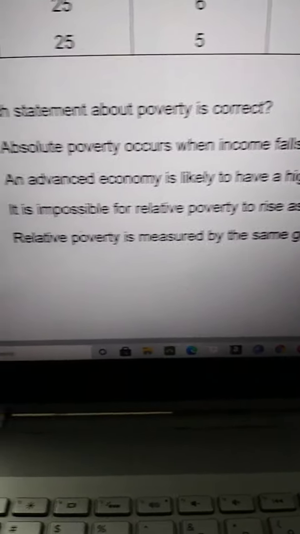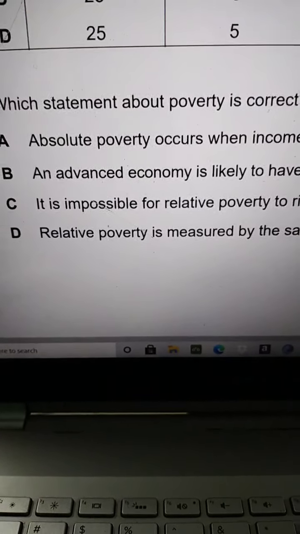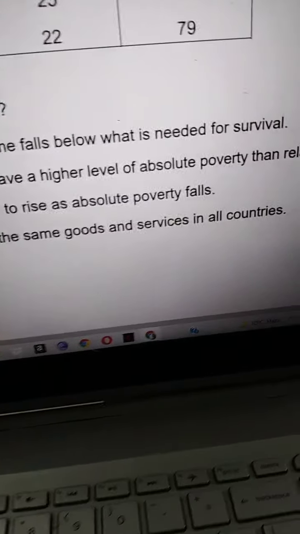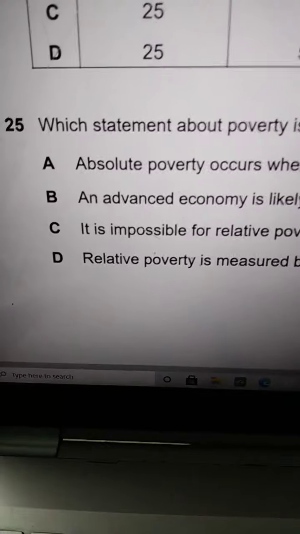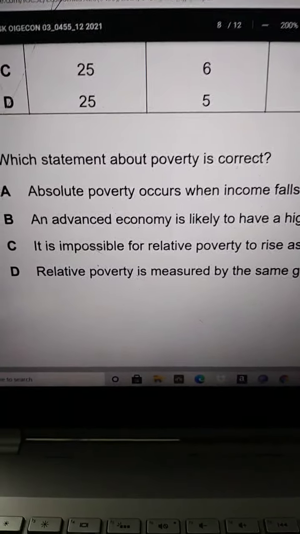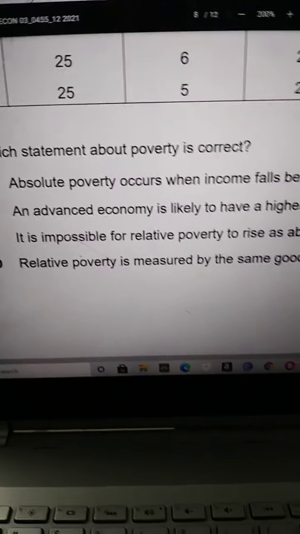Question 25, which statement about poverty is correct? So they have given certain definitions. Absolute poverty occurs when income falls below what is needed for survival. You got the answer in the first option only, as absolute poverty covers two things. One, absolute poverty is measured through a threshold targeted value.